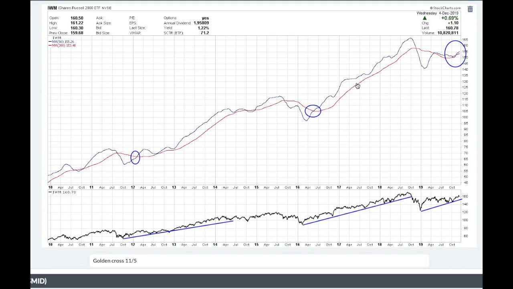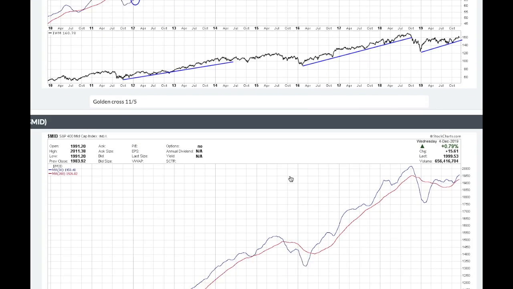I mean, just think of it logically. If you can find a small company that becomes a big company, that to me is somewhat exciting. And we haven't seen this in a while. These small caps have been pretty much moving sideways. Really, I mean, they haven't made a new high, so they made their peak back in '18 and just haven't gone anywhere during the year of '19. And so there's some real opportunity here in the small cap stocks.